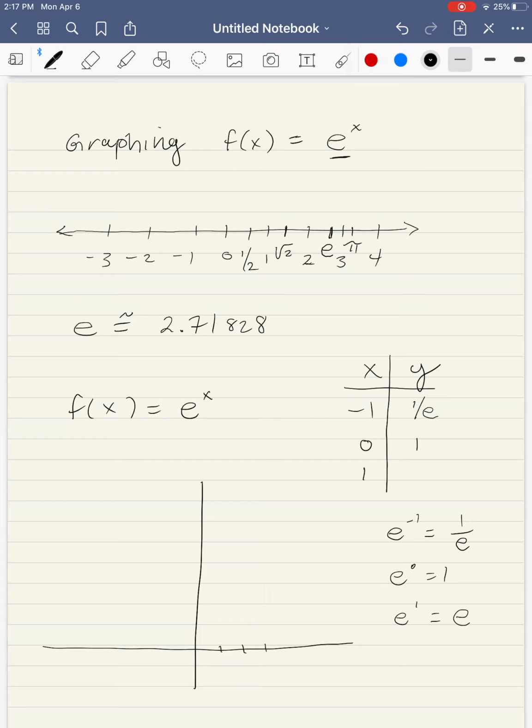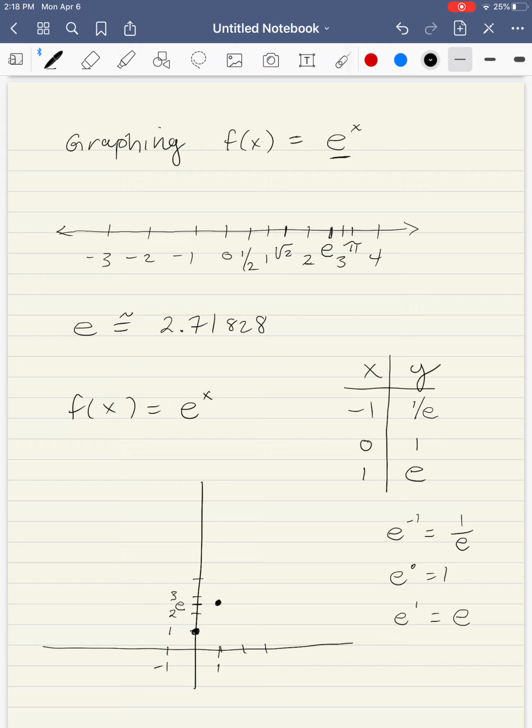E is a number, so we can write 1 over e and just e. And then when we plot those, when we draw our graph, we have 1, 2, 3, and then right here at approximately 2.7, we have e. So we're not going to list it as 2.7. We list it as e, the exact number. And then we can plot our 3 ordered pairs, and we have 0, 1, 1, e, and if we go over here to -1, we're going to think 1 over e.